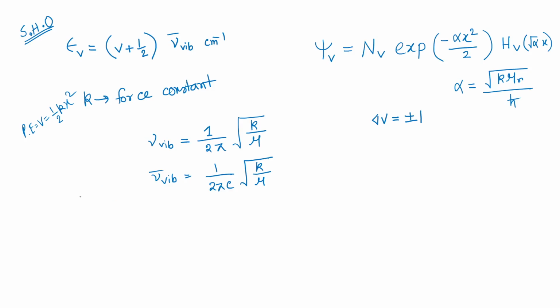But in case of an anharmonic oscillator, you are going to see something like a Morse potential. In case of the SHO, the concept of dissociation energy was not there. But here you would see vibrational lines.